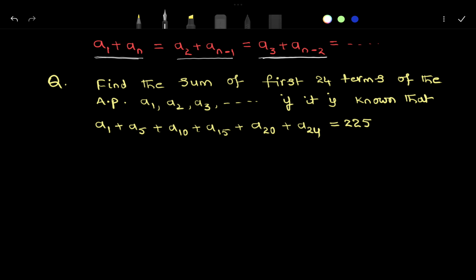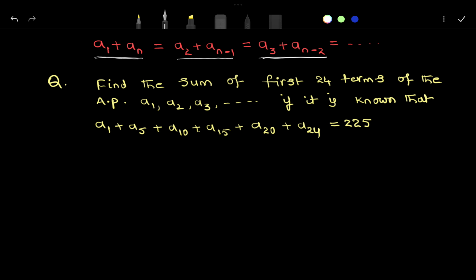Find the sum of the first 24 terms of the AP a1, a2, a3 and so on, if it is known that a1 plus a5 plus a10 plus a15 plus a20 plus a24 is equal to 225.